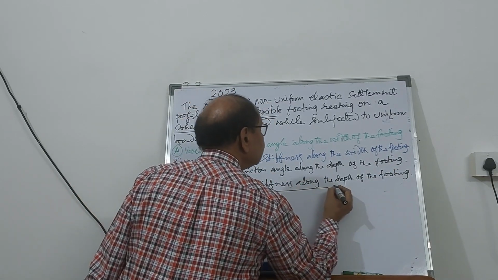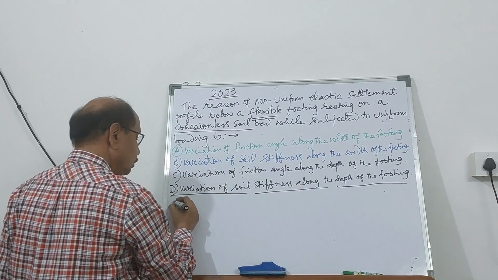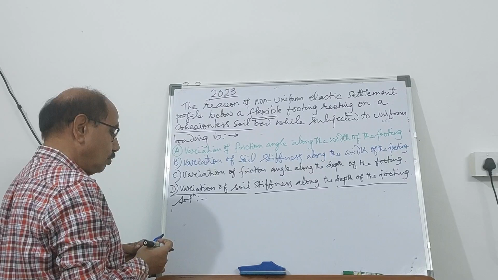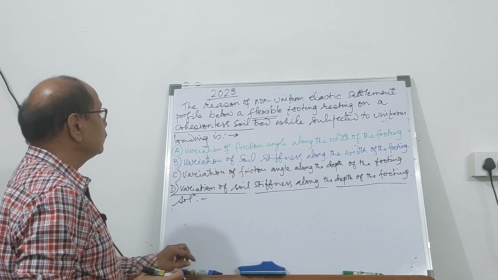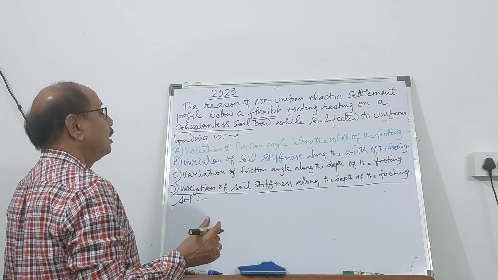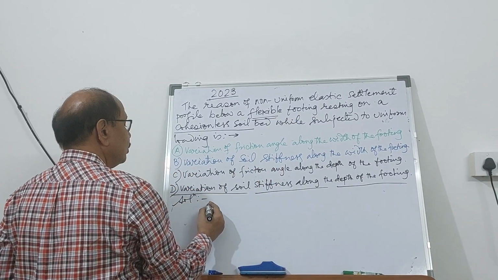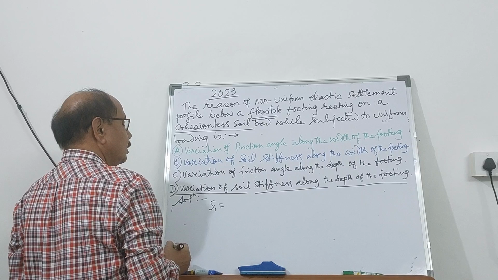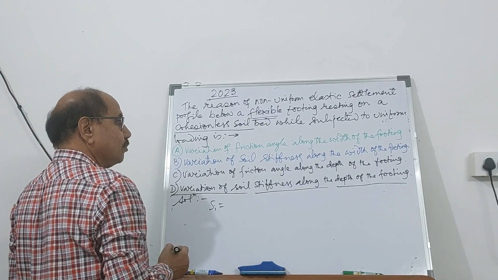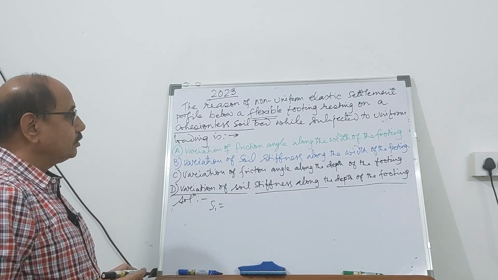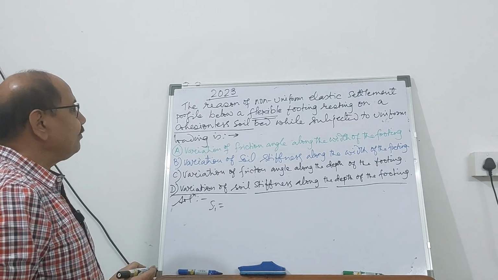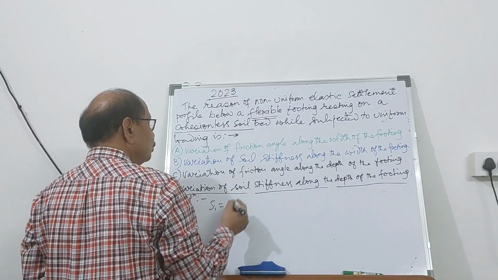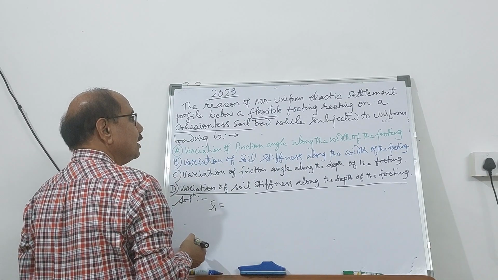So this is the problem. You need to find out the solution. How will you do this? Simple one. It's elastic settlement, immediate settlement or elastic settlement of any flexible footing. You know it. What is the expression?